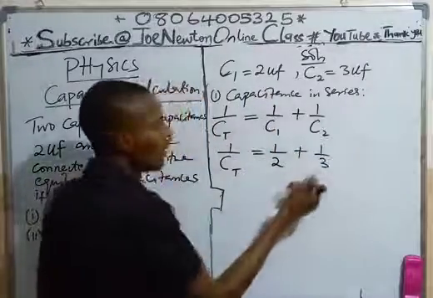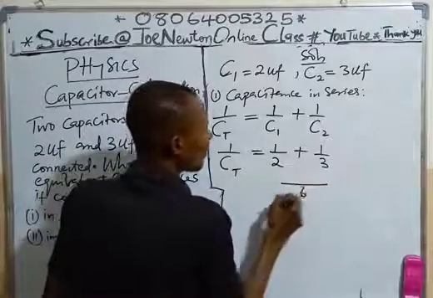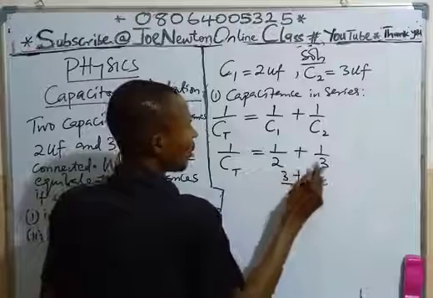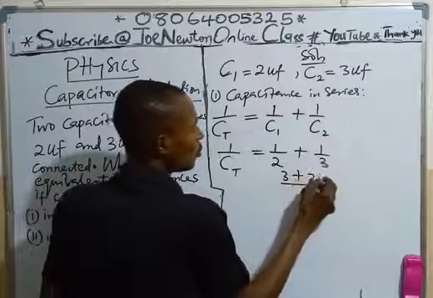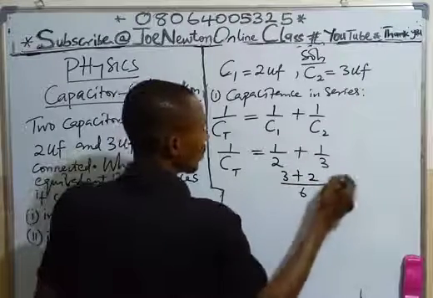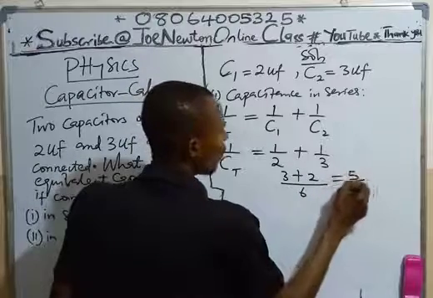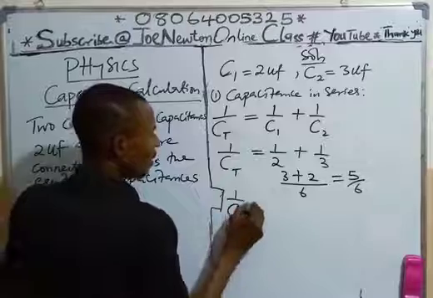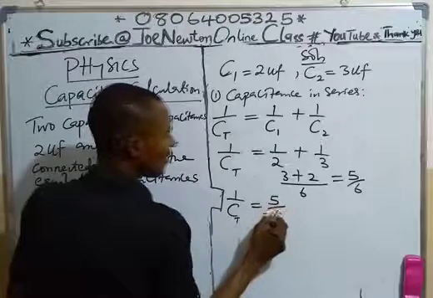Take the LCM here. Our LCM is what? 6. Then 6 divided by 2 is 3, times 1, is 3, plus 6 divided by 3 is 2, times 1, is 2. Giving us here 5 over 6. Therefore, our 1 over C total is equal to 5 over 6.